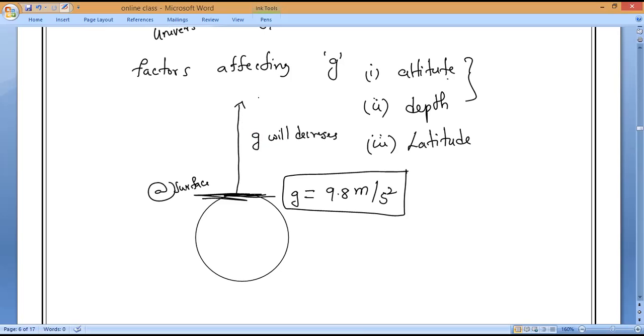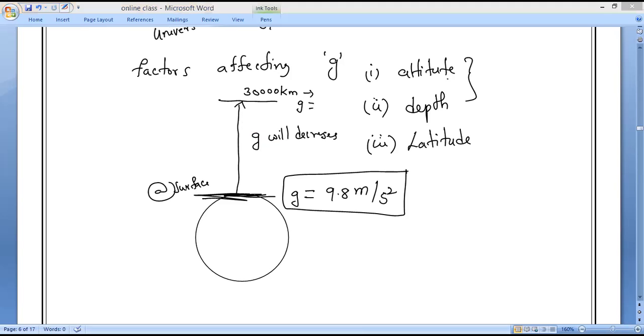How much does it decrease? For example, if I reach 30,000 kilometers, the G value is almost 0.30 meter per second square.